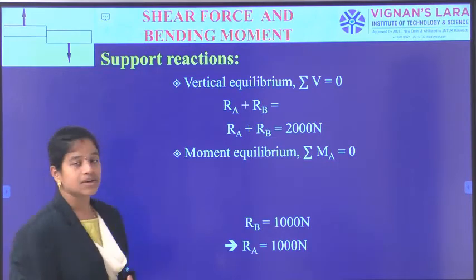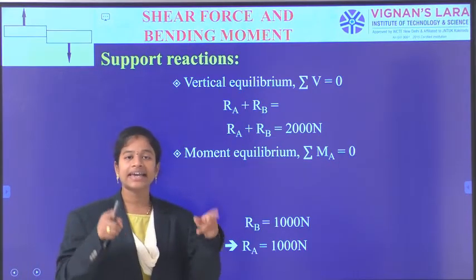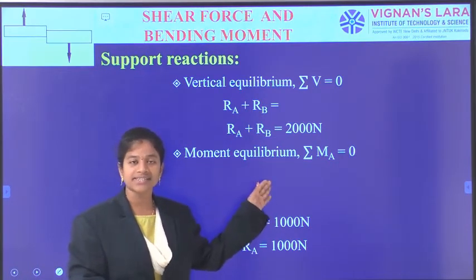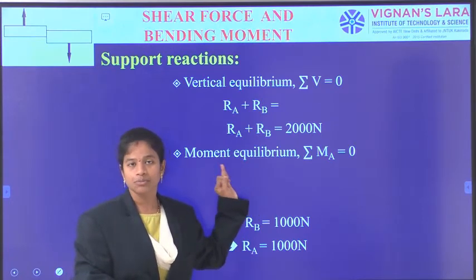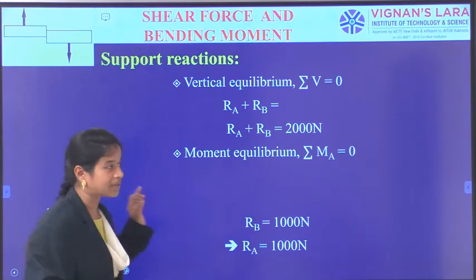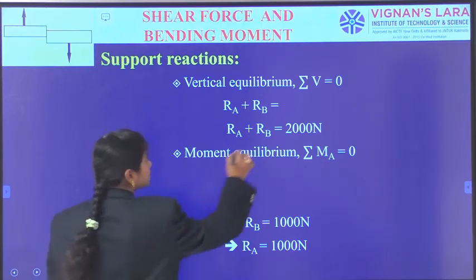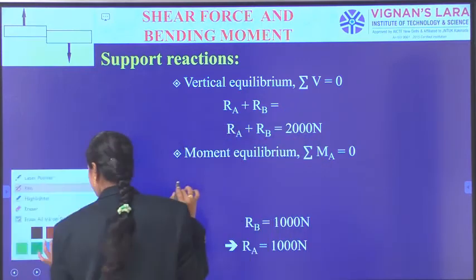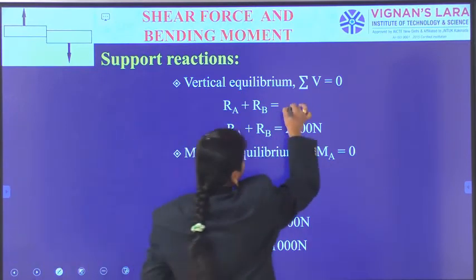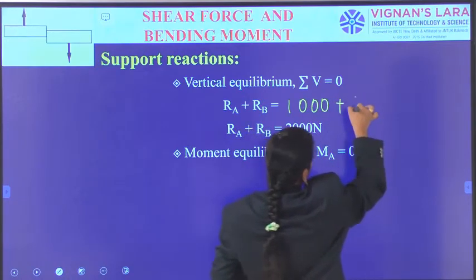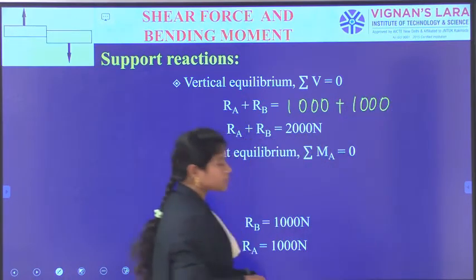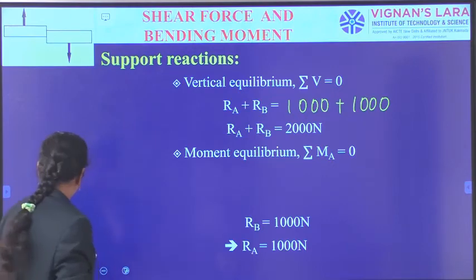So I am calculating the support reactions. How will we calculate? Indicating RA and RB as the support reactions, and using vertical equilibrium and moment equilibrium we can calculate RA and RB. So RA plus RB is equal to the total downward load, 1000 plus 1000.